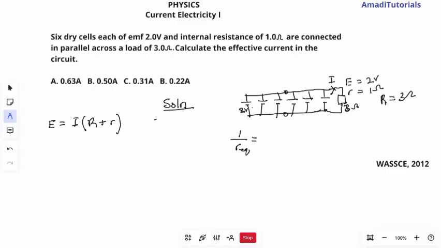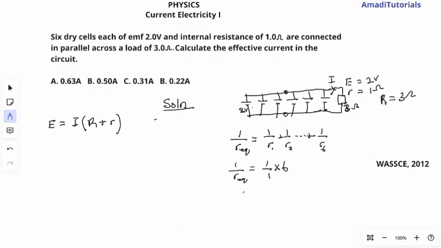Since it's a parallel connection, it will be 1 over r1 plus 1 over r2 plus, and so on, up to 1 over r6. In essence, to save our time, it means 1 over 1 times 6, since all of them have the same value.